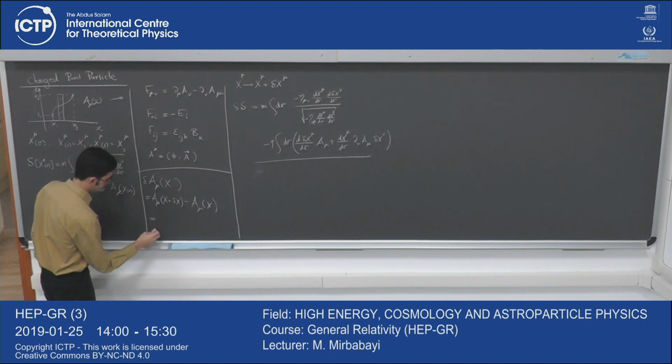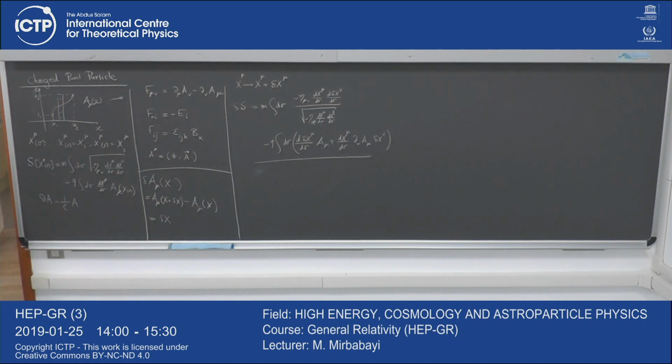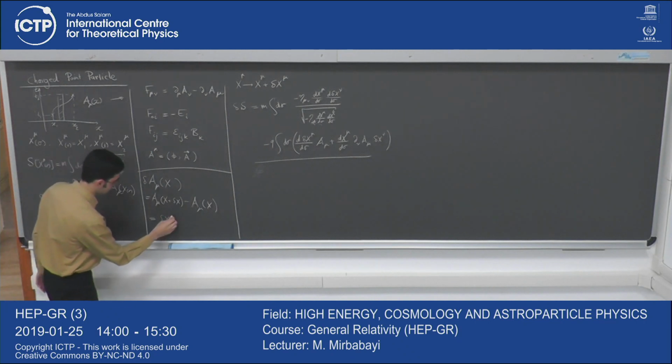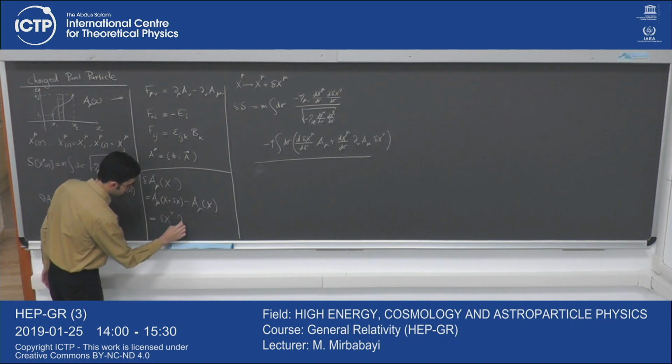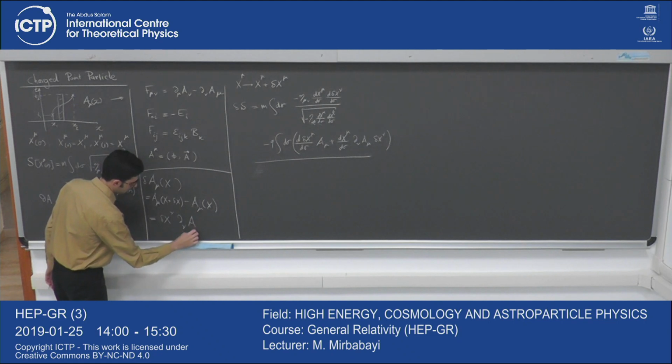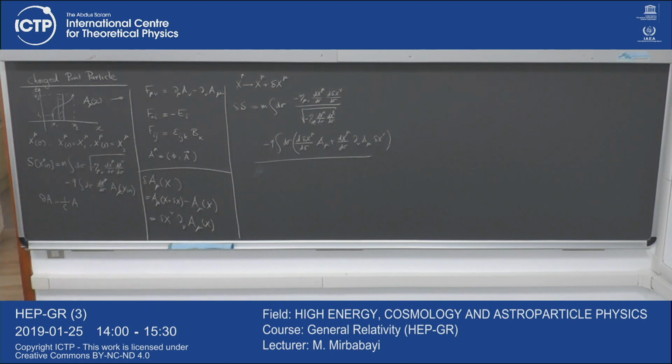And this is, in the limit that delta x goes to 0, at linear order in delta x, just delta x nu d nu times A mu. So that's what I have done.